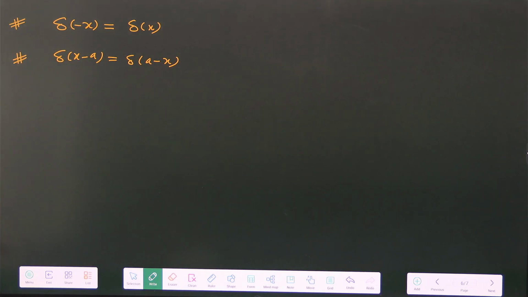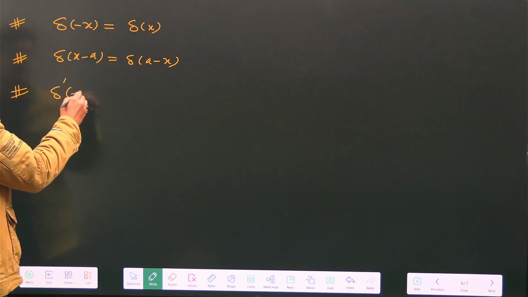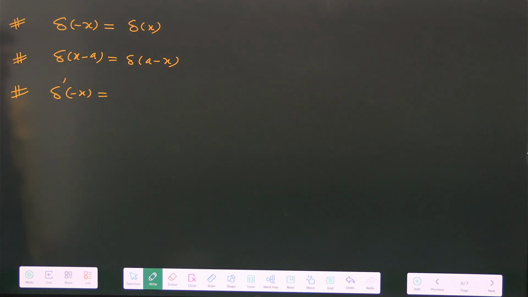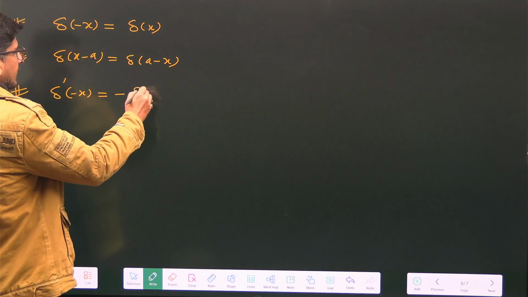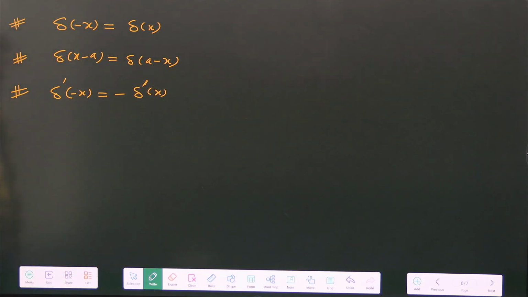But the derivative is not even. So delta dash of minus x is equal to minus delta dash x. So write that derivative of delta function is odd function.